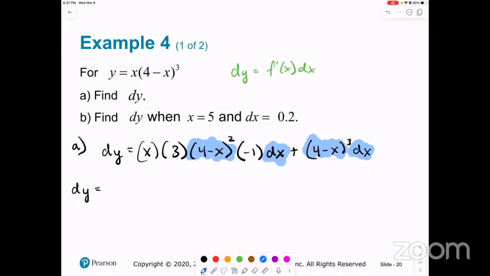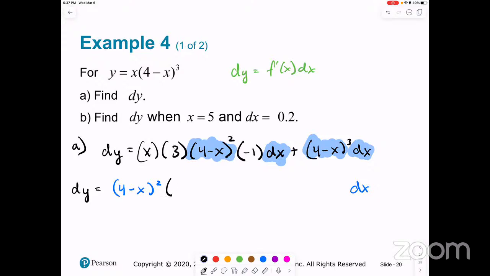So we can factor out a dx and we can factor out (4 minus x) squared. The dx I really wanted to be on the end, so I'm going to move it around a little bit momentarily. Okay, so then what's left? The first term, it looks like what's left is going to be negative 3x.